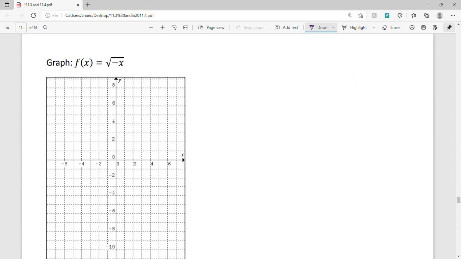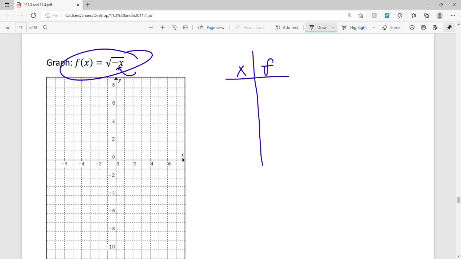This one's going to be different because the negative is on the inside. So for this, I like to make another table. And we'll plug in some values. If I plug in a 0, this is the square root of -0, which is pretty easy to do. That's a 0. If we plug in a 1, it would not work because we'll be taking the square root of -1. And that is not going to work.